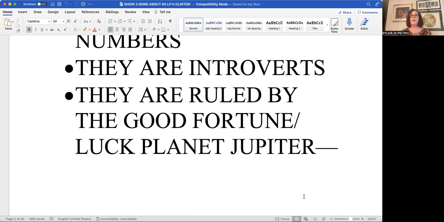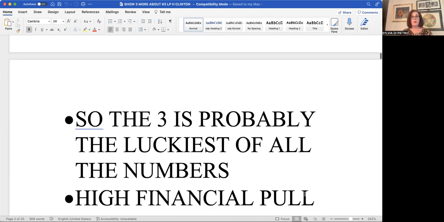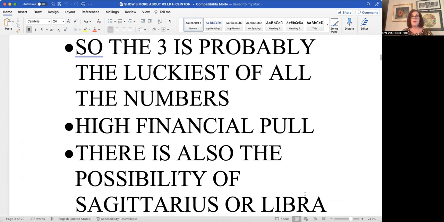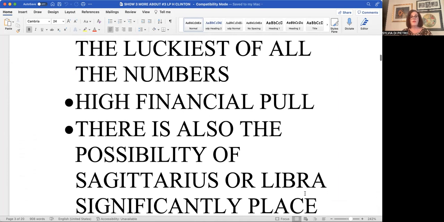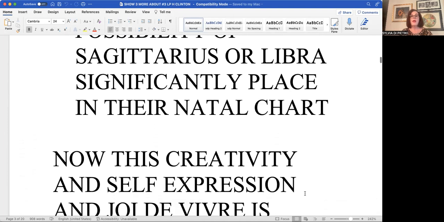And also, if you're a negative 3 and you're a depressant, it's going to expand that aspect of your personality too. So the 3, as I mentioned before, is one of the luckiest numbers of all the numbers 1 through 9 in the master numbers. The 3 is lucky with its high financial pull, and also in its astrological natal chart, you're going to find Sagittarius, probably because of the self-expression.